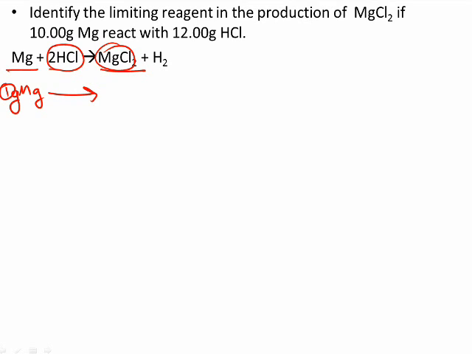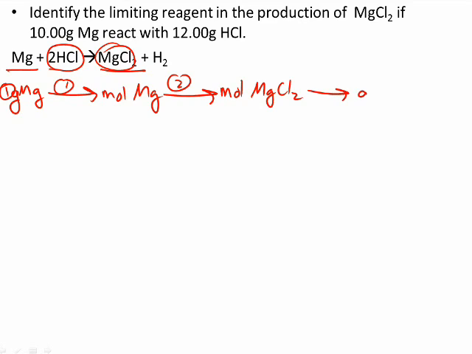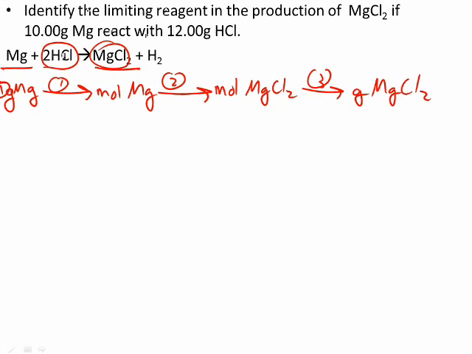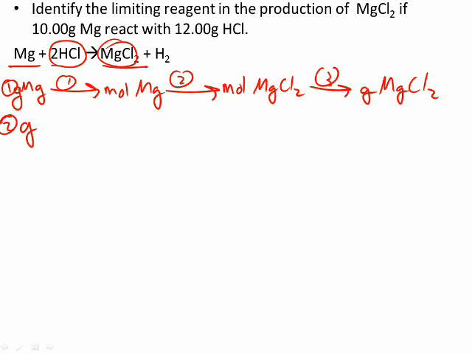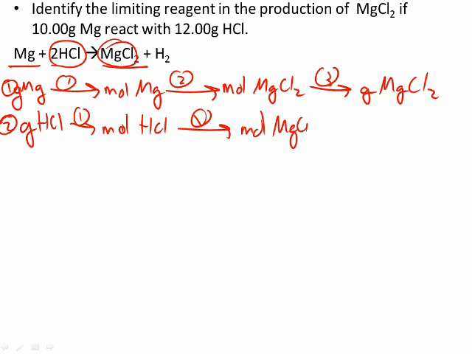We're going to do grams of magnesium to moles of magnesium, just like we've been doing, and then from moles of magnesium, mole ratio, to moles of magnesium chloride, then to grams of magnesium chloride, just like what we did. The second problem we're going to do is grams of hydrochloric acid to moles of hydrochloric acid to moles of magnesium chloride, and then exactly the same to grams of magnesium chloride.